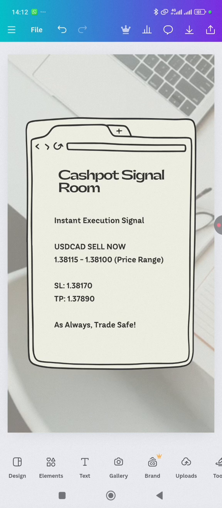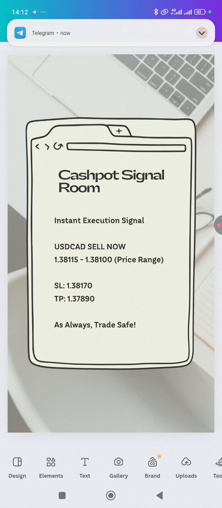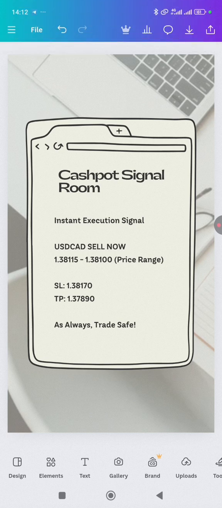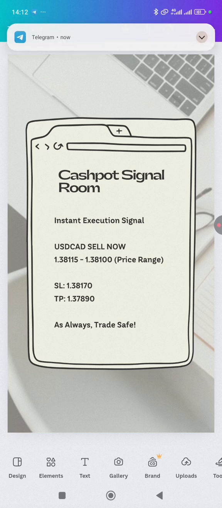But basically we will give you that range sometimes, and sometimes we will not give that range. We can even say above. If it is a sell order, we can say above this price is what you should sell from. So that is the range. Then the SL is the stop loss, and the TP is the take profit point.